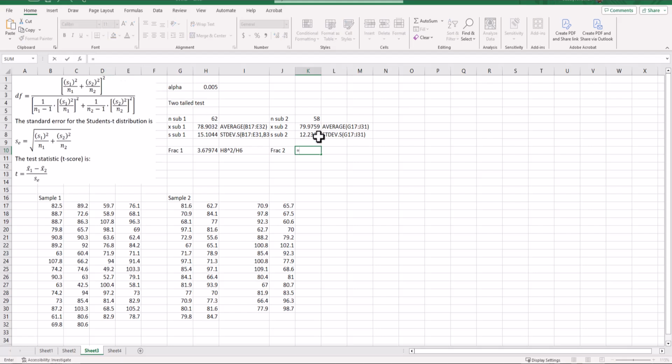The standard deviation of that sample squared, whoops, over the sample size. So, got my fancy fractions. I can use this to find my standard error. And the standard error is the square root of the sum of these. That's this right here. I have the first fraction and the second fraction.